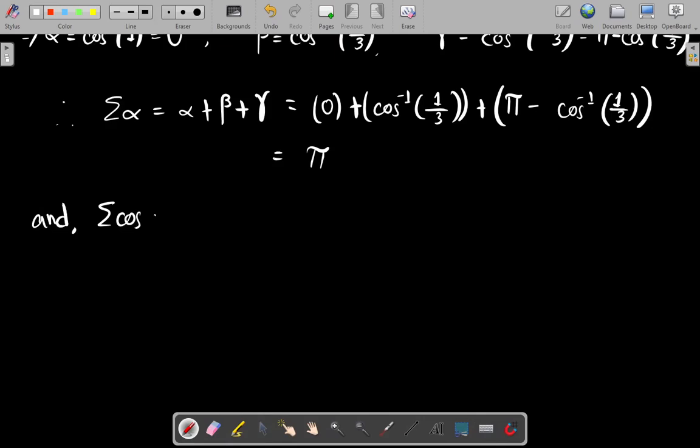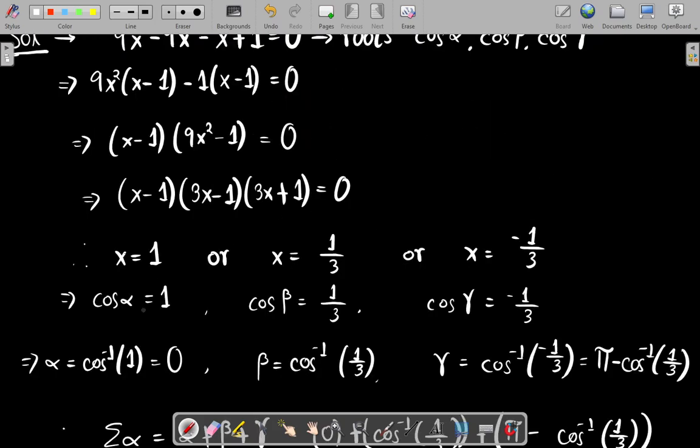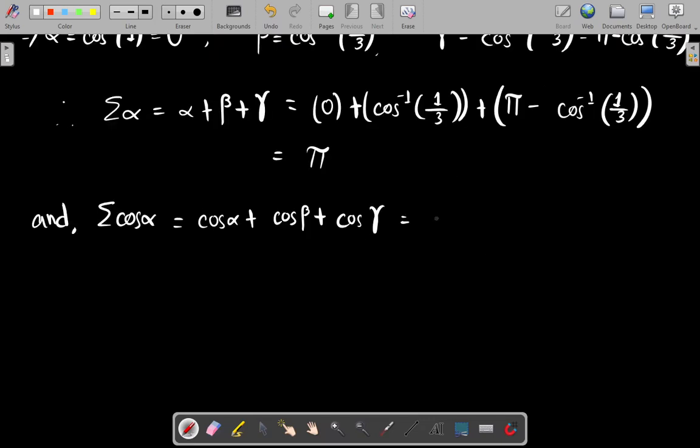Similarly, the summation of cos alpha, which is the y coordinate of the center of the circle, is nothing but cos alpha plus cos beta plus cos gamma. So this becomes equal to cos alpha is 1, cos beta is 1/3, and cos gamma is negative 1/3. So they will cancel each other. So we have 1 plus 1/3 minus 1/3, which is 1.